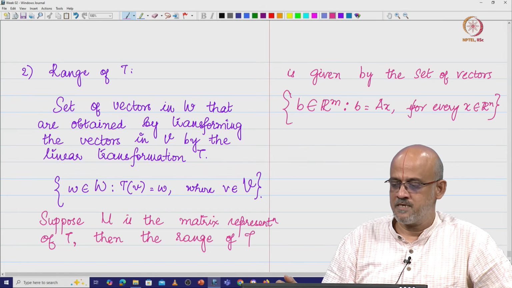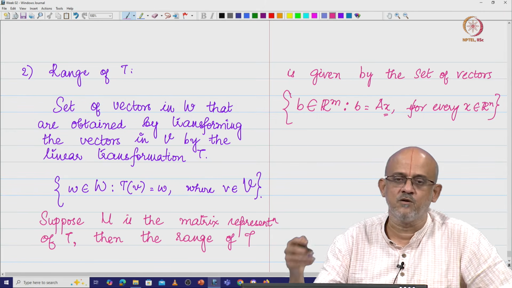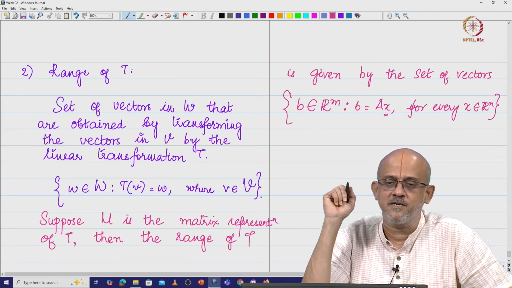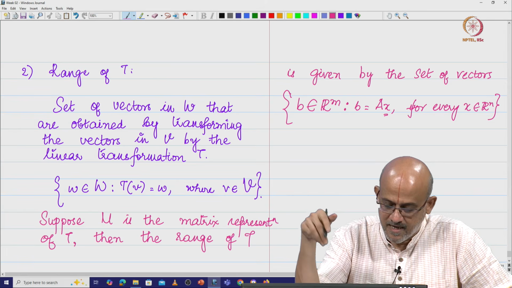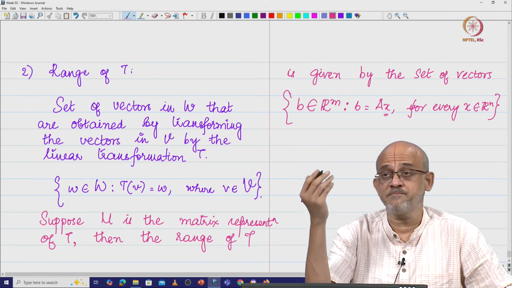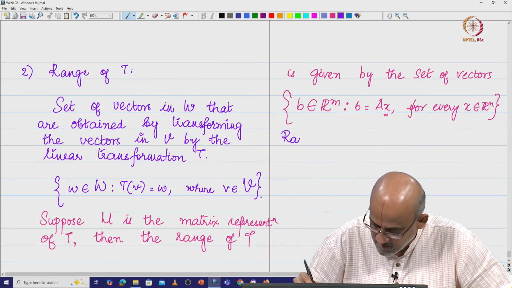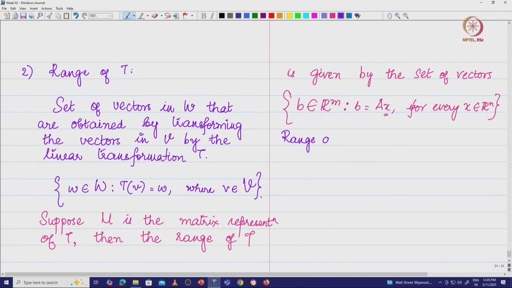This is what it means, and essentially what we see is that these values of x are all going to be scalars multiplying the columns of M. Therefore, the range of the transformation T is also called the column space of the matrix M. So the range of the linear transformation T is also the column space of the matrix M.